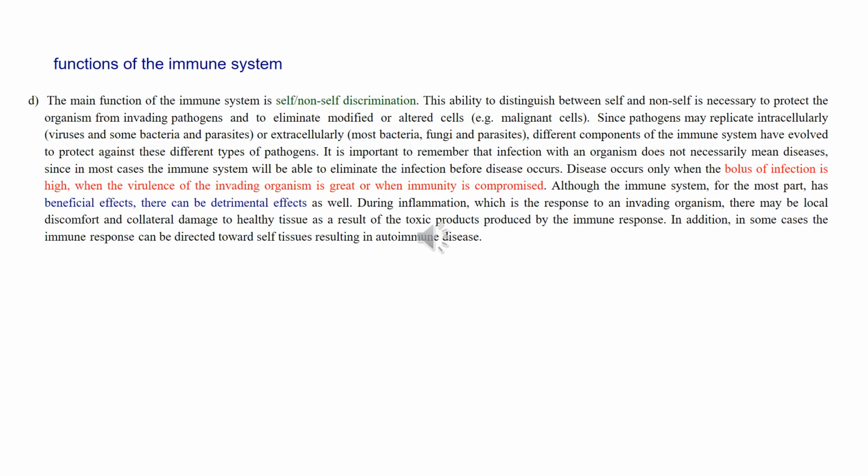During inflammation, which is the response to the invading organism, there may be local discomfort and collateral damage to healthy tissue as a result of toxic products produced by the immune response. In addition, in some cases, the immune response can be directed toward self tissue, resulting in autoimmune disease.